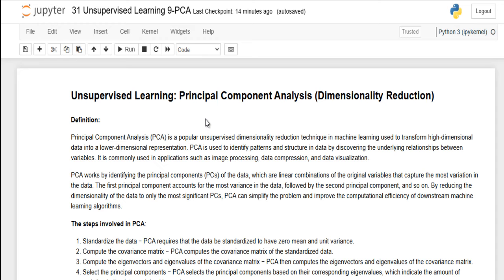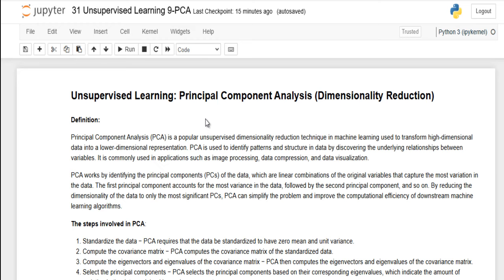It's a popular unsupervised dimensionality reduction technique in machine learning, used to transform high dimensional data into a lower dimensional representation. It's used to identify patterns and structures in data by discovering the underlying relationships between variables.